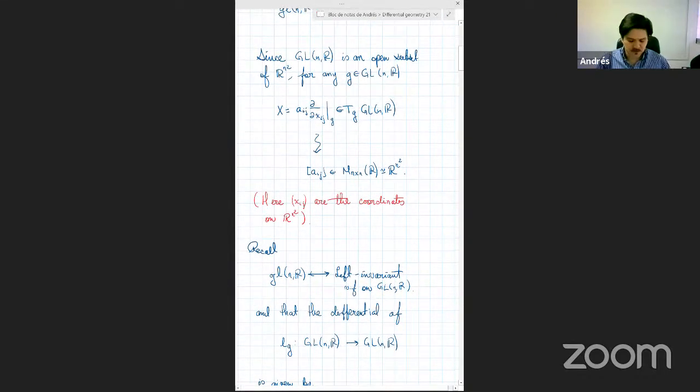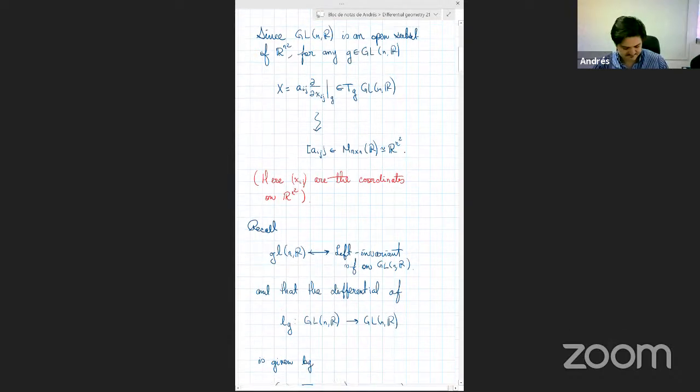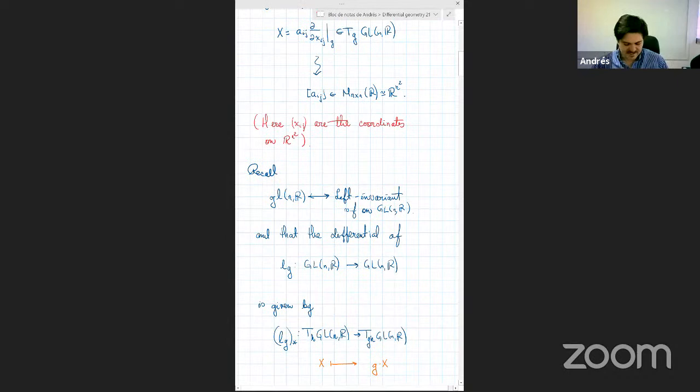Let's try to understand this, because I want to define the Lie bracket here, but that Lie bracket is given in terms of this. And remember the definition of being left invariant. The good thing is we computed the differential of this map, and we saw that it is the standard matrix multiplication.